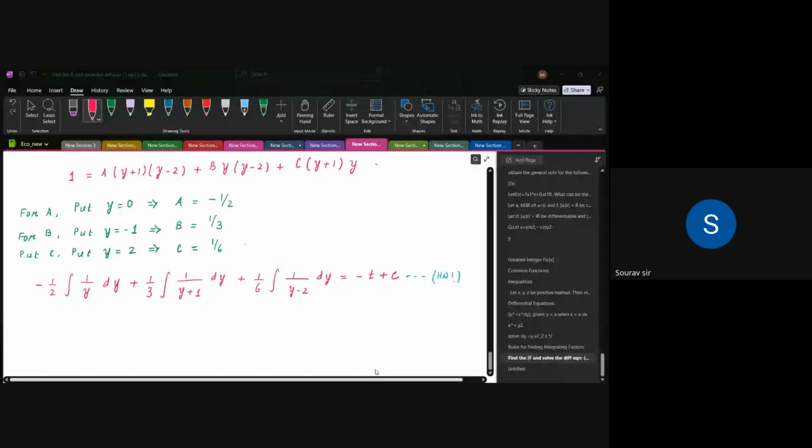Okay, so let me share the screen. In the last class, we were discussing some questions on differential equations, right? And this was the last one at which we stopped. Did anybody give this a try after this step?